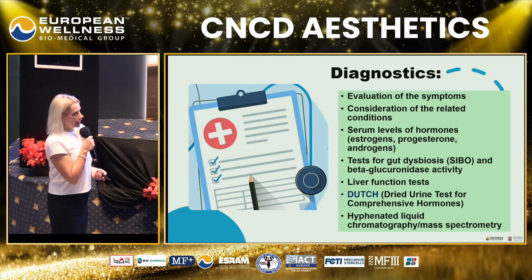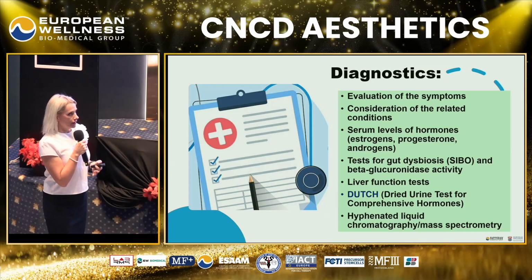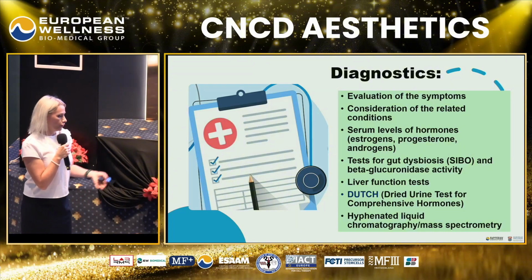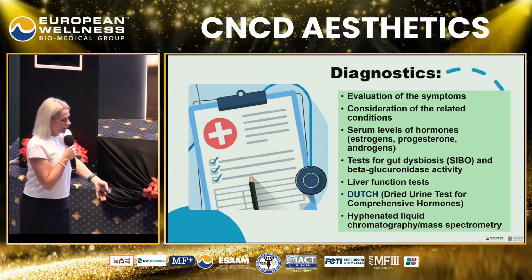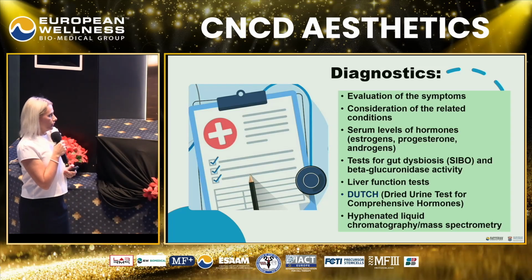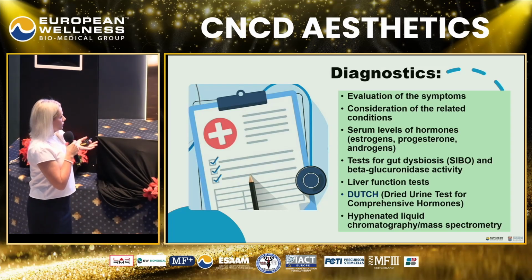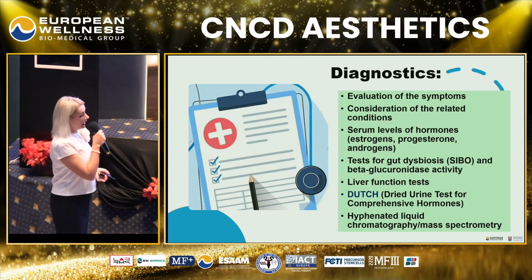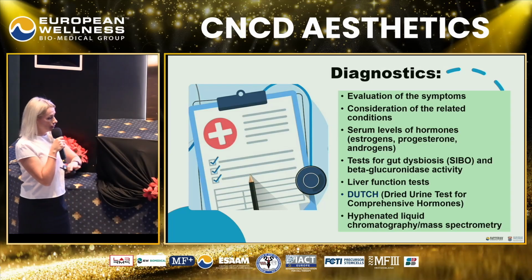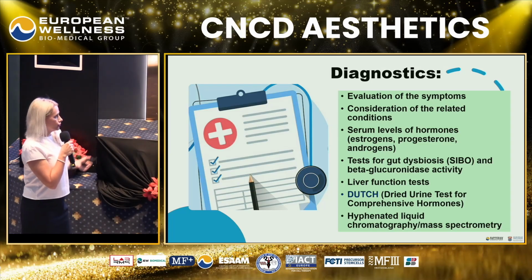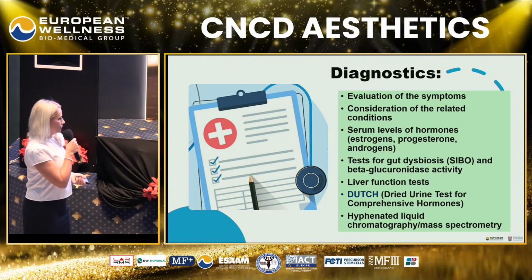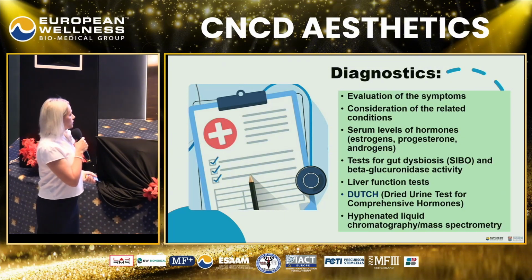Diagnostics: how can you diagnose estrogen dominance, or how can you prove that the metabolism of estrogens is abnormal, or that there is a problem with the gut, for example. What you do is the DUTCH test, a dried urine test for comprehensive hormones, which helps to reveal it, because it shows all the metabolites of estrogen. Evaluation of the symptoms, of course, symptom-based diagnostics.